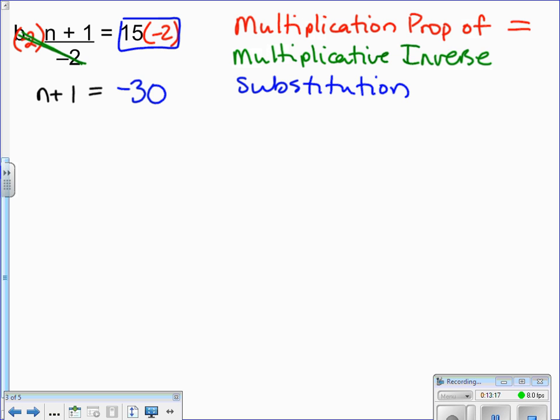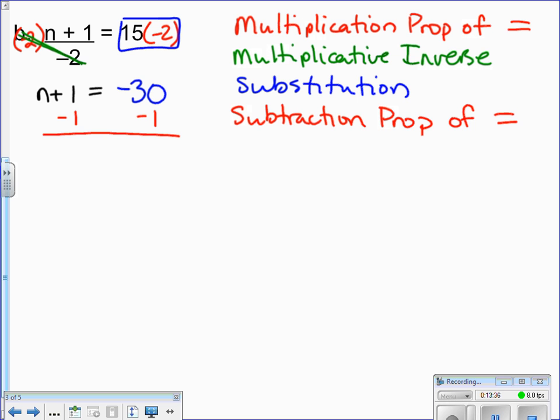Now there's only one more step to this problem. That plus 1's got to go. So minus 1 on both sides. That would be the subtraction property of equality. One and negative 1 cancel out. Guess what property says you can add a 1 and a negative 1 and get 0?